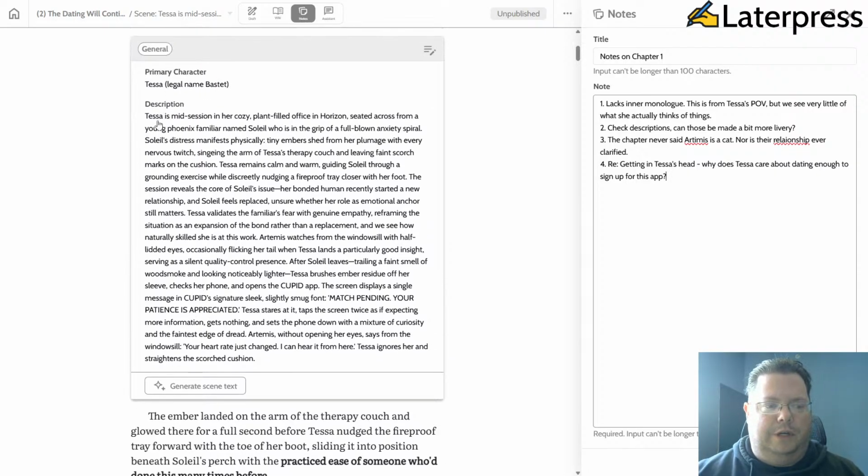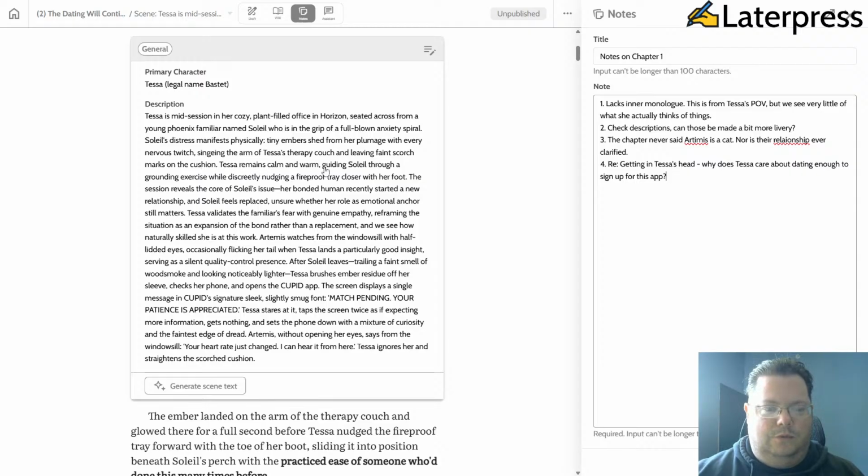So, chapter 1, what needs to happen here is Tessa is mid-session in her cozy plant-filled office in the city of Horizon, seated across from a young Phoenix familiar named Salil, who is in the grip of a full-blown anxiety spiral. The Phoenix's distress manifests physically, tiny embers shed from her plumage with every nervous twitch, singeing the arm of Tessa's therapy couch and leaving faint scorch marks on the cushion.